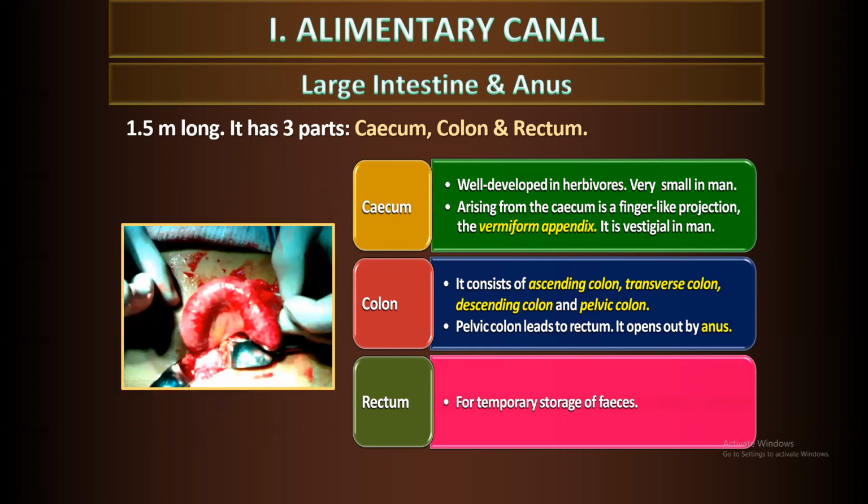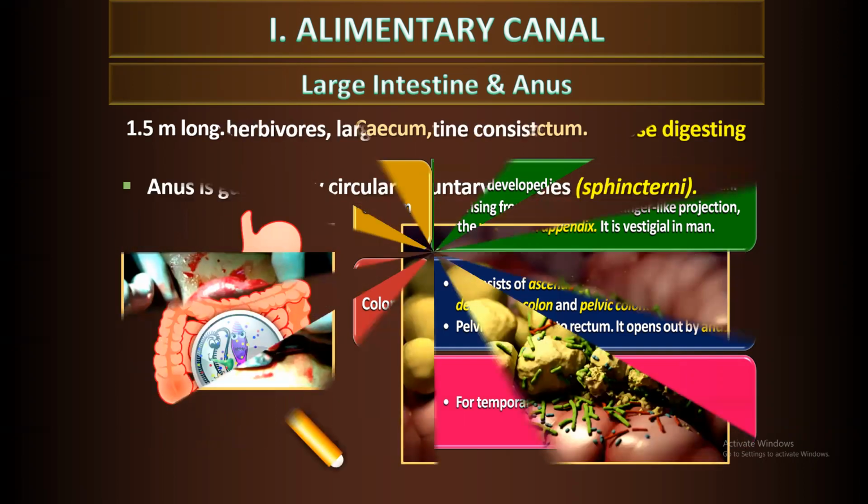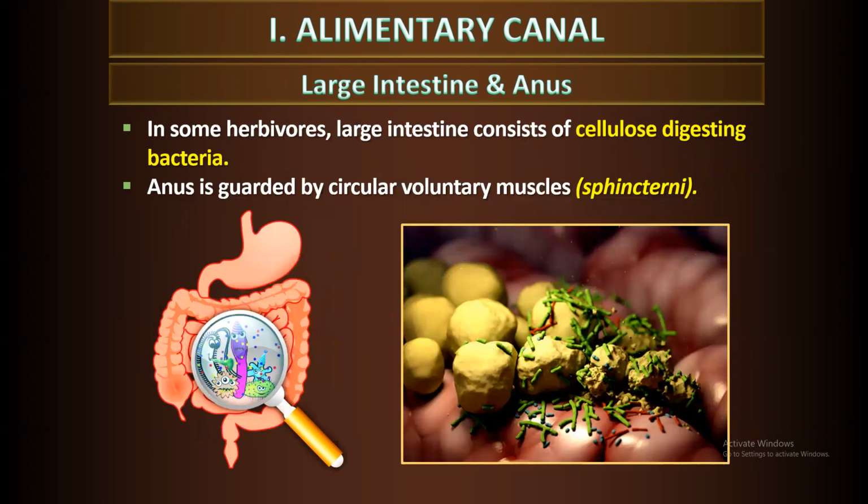See the diagrammatic representation. In the cecum region of large intestine, some herbivores have cellulose digesting bacteria. So already I said, what is the name of the cellulose digesting bacteria? E. coli bacteria. It releases an enzyme which is called cellulase, which acts on the plant cell wall.